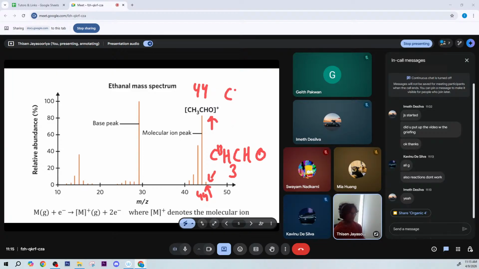We could also have a hydrogen that has a mass of 2, because there's an isotope of hydrogen that has 2. So that's what causes this little peak over here, and this part tells you the relative abundance of specific isotopes. So here, there's definitely more regular carbon and hydrogen compared to the isotope versions 13 and 2.